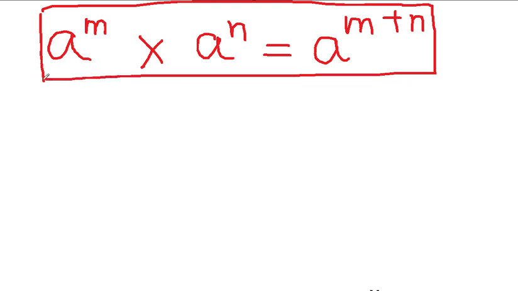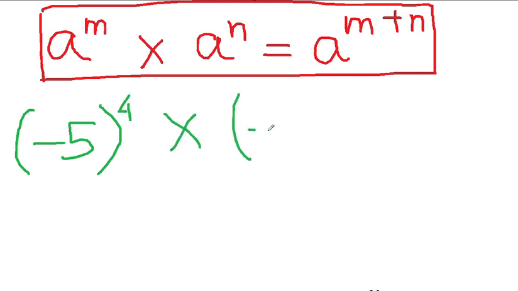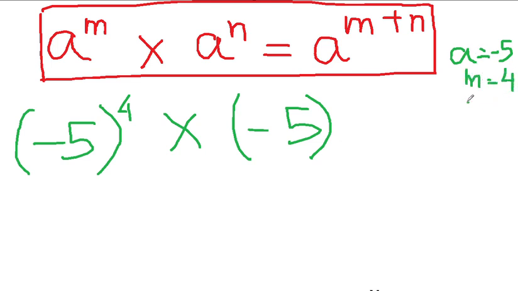This is another formula which you should keep track of. Giving an example, maybe a number with negative value: negative 5 raised to the power of 4 times negative 5 raised to the power of 2, because a is equal to negative 5, m is equal to 4 and n is equal to maybe 2.